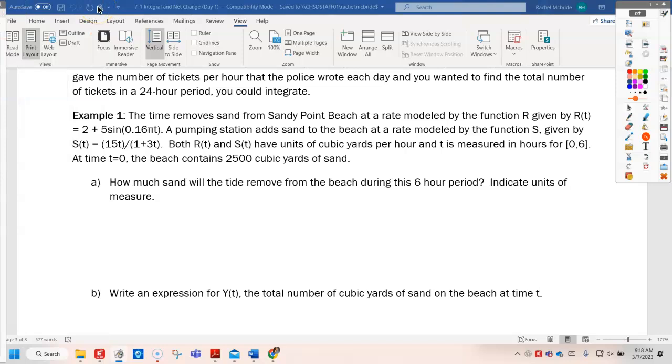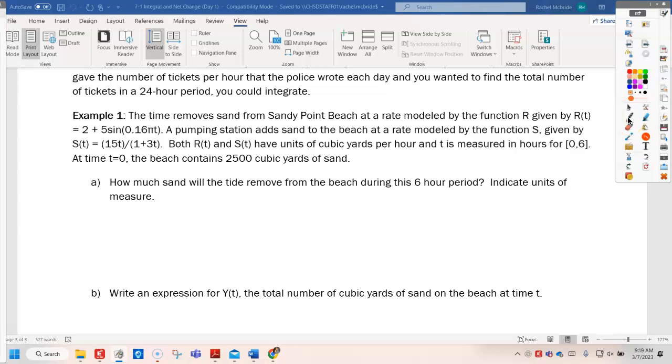How much sand will the tide remove from the beach during the 6-hour time period? I only want to know how much is removed. I don't care about the initial amount. I don't care about the adding. All we are looking for is how much is removed.